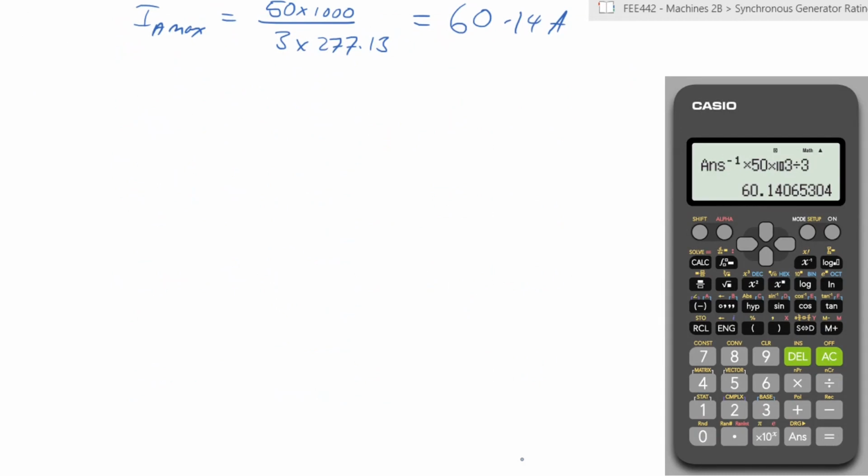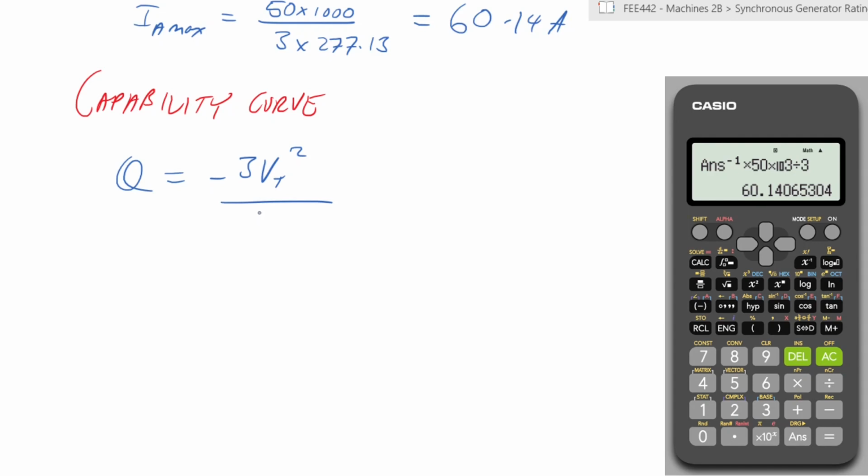Now we may be able to draw our capability curve. So let's look at the capability curve. To start off with, let's look for Q. Q is given by that formula we talked of, negative 3 VT squared over XS, which is negative 3 times 277.13 squared over 1 ohm.